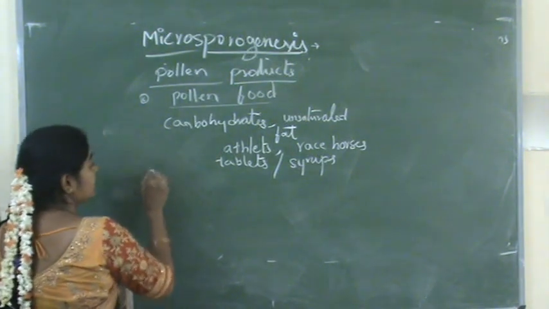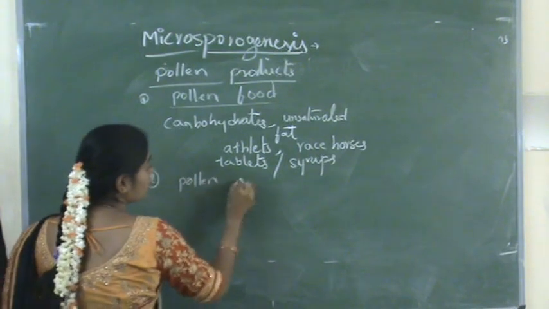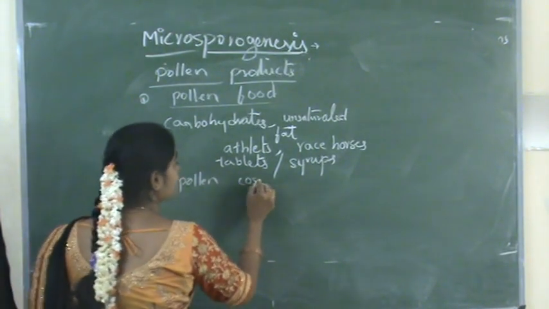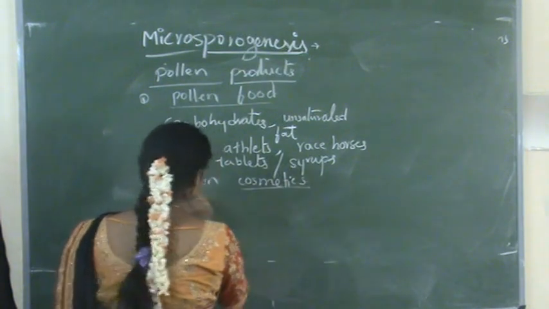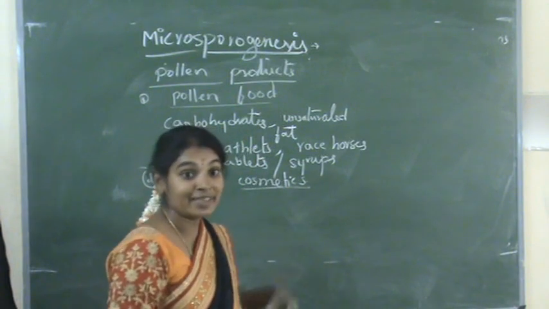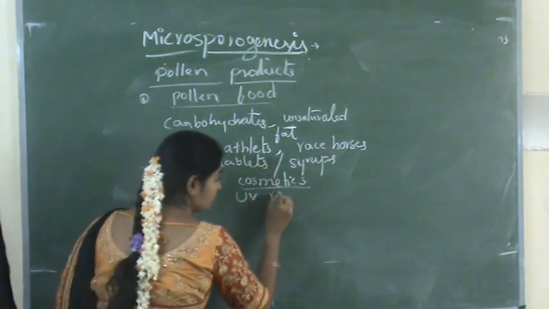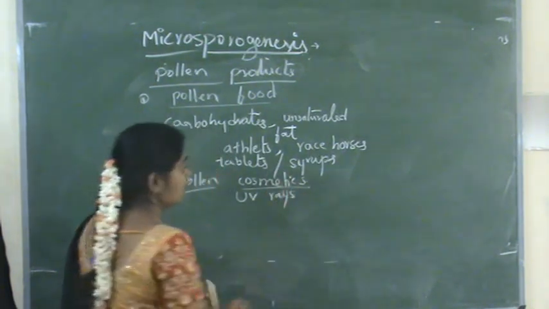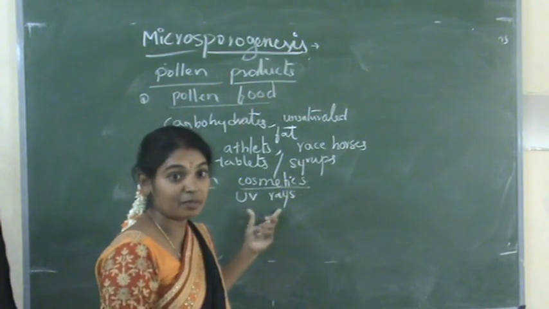And another one is pollen cosmetics or creams. Generally the pollen grains protect themselves from the UV rays. So they have the capacity to protect themselves from the UV rays.